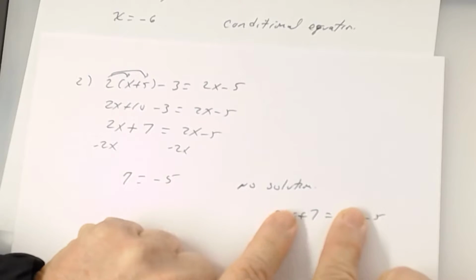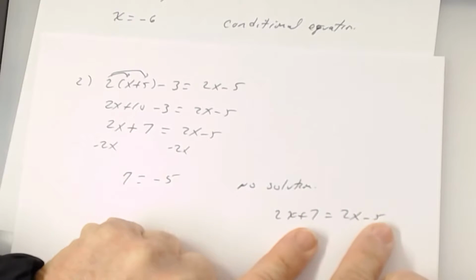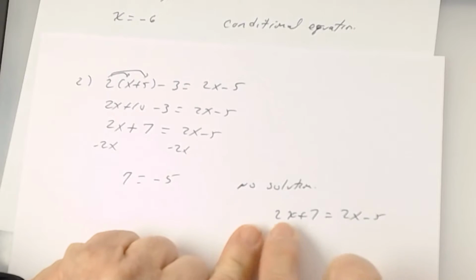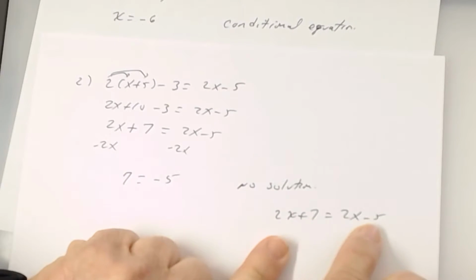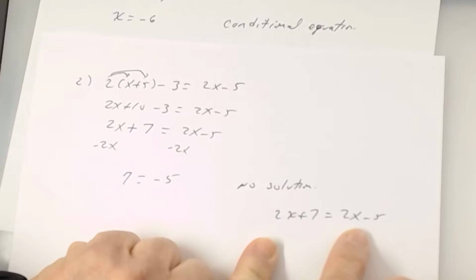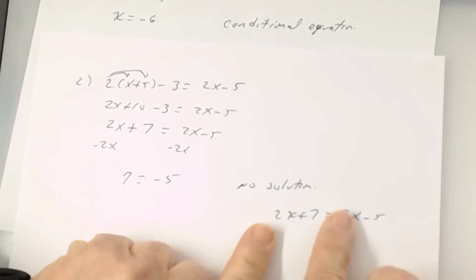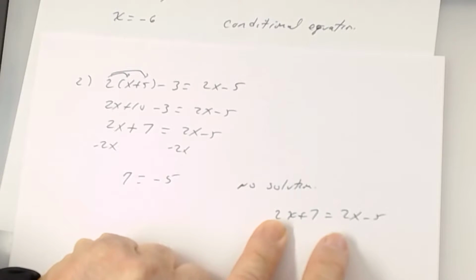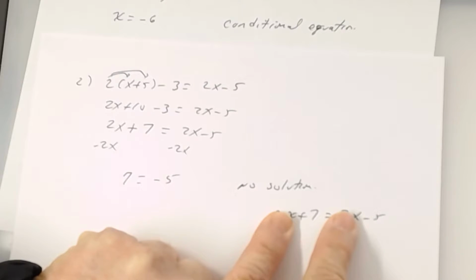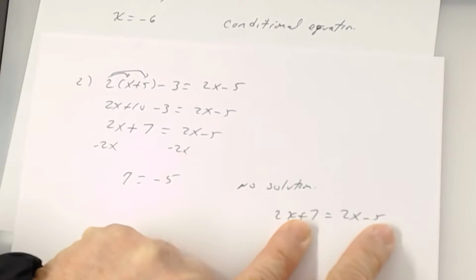You'll be left with whatever this is plus 7. Is that the same as this minus 5? No, check it. What's 2 times 3? 6 plus 7 is 13. What's 6 minus 5? 1. So does that work? No. No matter what you plug in for x, nothing works. It kind of makes sense because whatever I plug in for x, this term and this term are the same. So adding 7 and then subtracting 5 will not make them equal to each other.